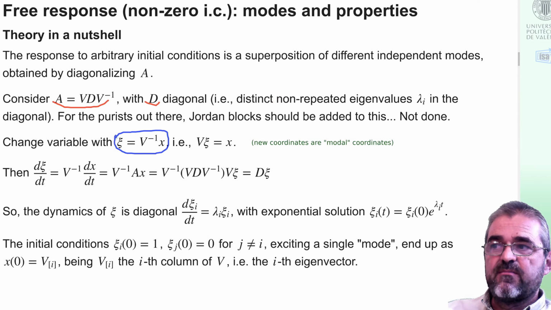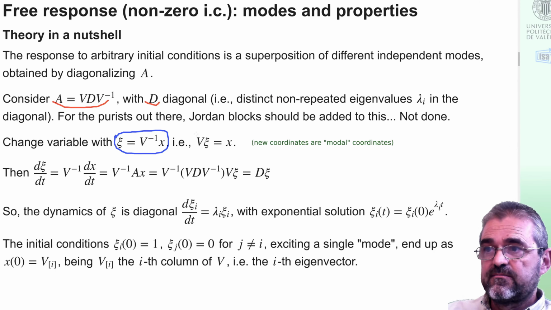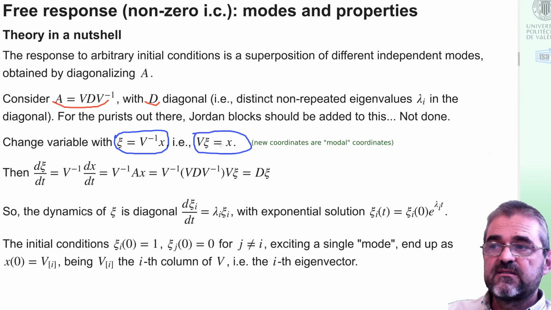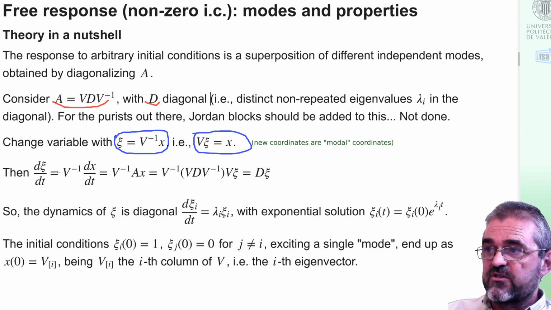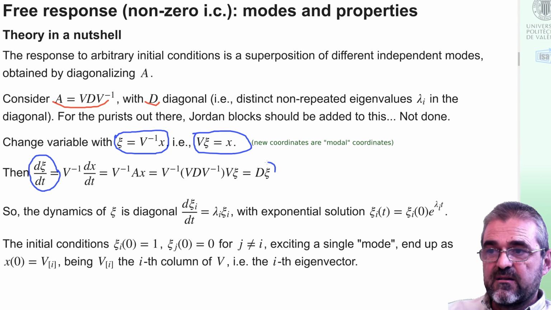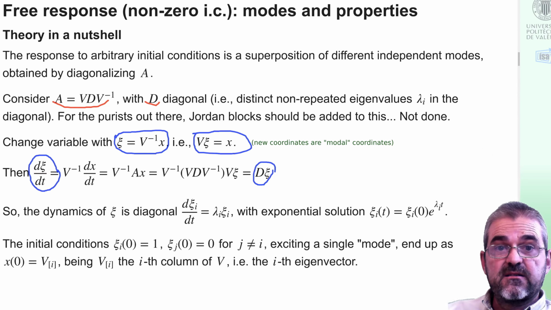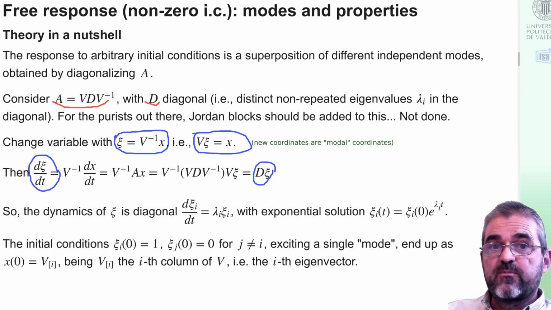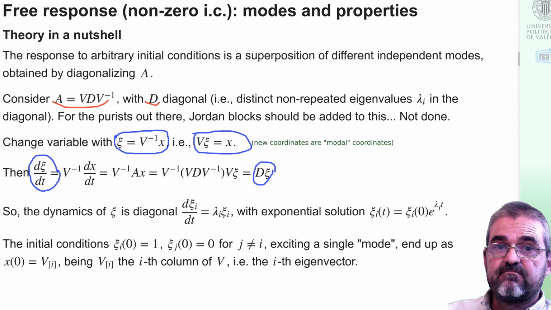Then if I make this eigenvector change of variable, this is obviously equivalent. Doing some manipulations, we can see that the derivatives of these new variables xi end up being a diagonal matrix times xi, so dynamics is decoupled, and the system can be expressed as a collection of first-order dynamics.